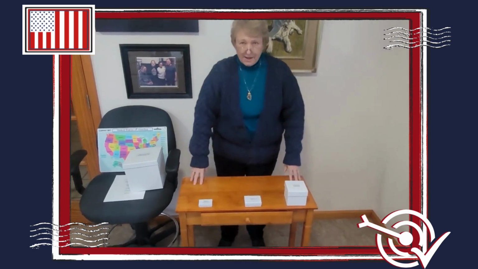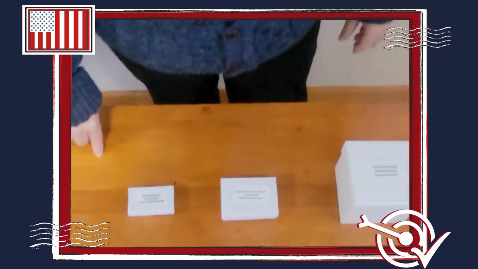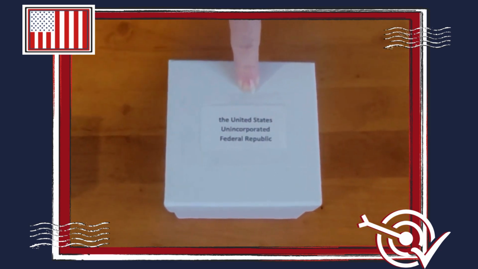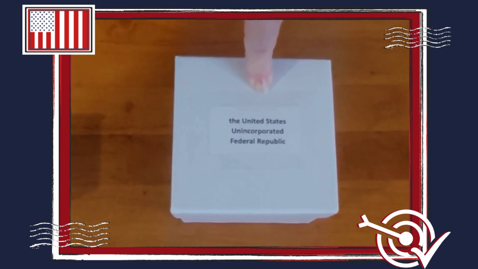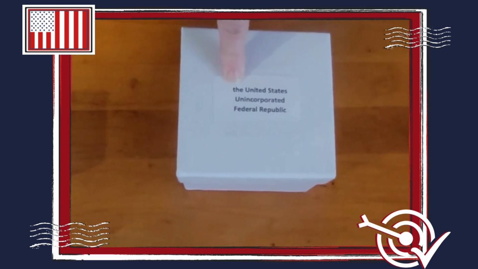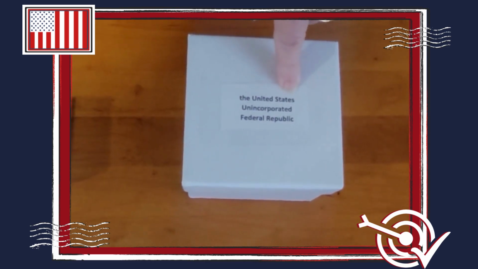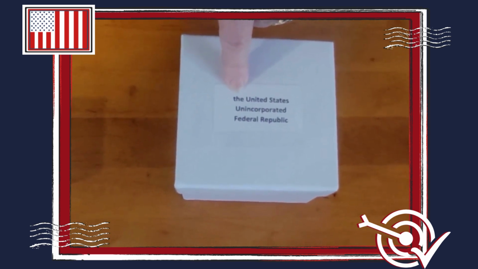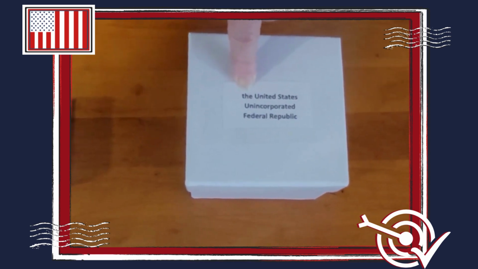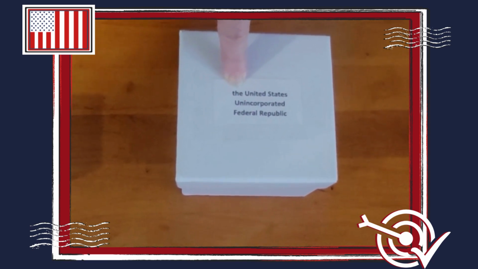Now, let's take a look at these other three boxes. And as you can see, we have, again, what? The United States. But notice, see the name? The United States. The is not part of the name. The is an indefinite article. It does not indicate a singular, unique, one-of-a-kind entity.